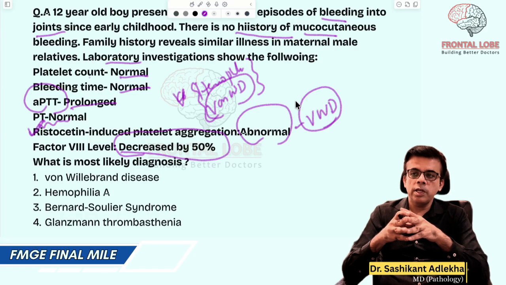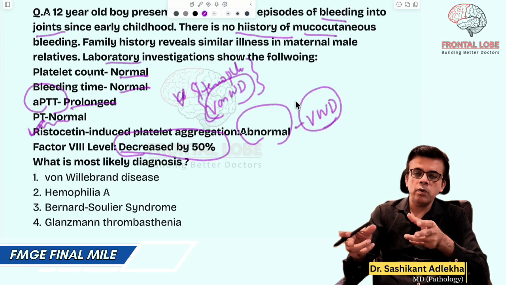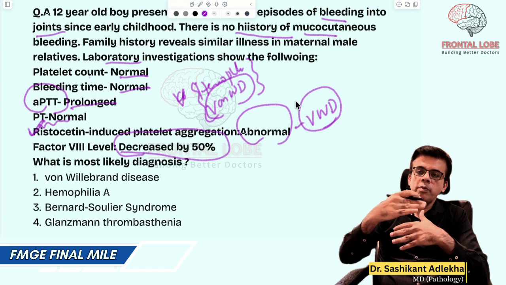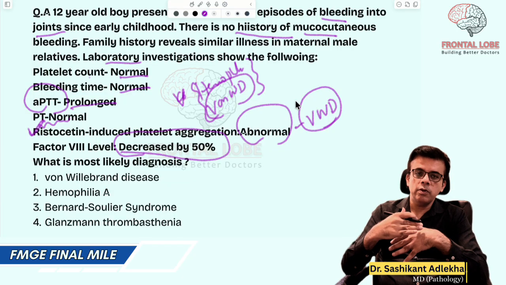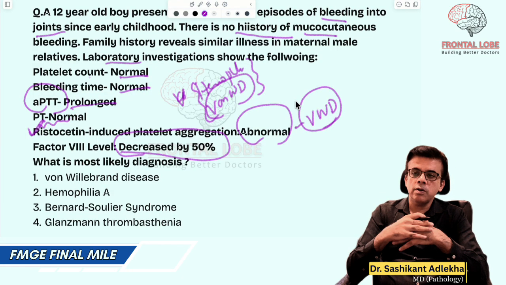What is von Willebrand factor? Its primary role is to form a bridge between the platelet and the subendothelial collagen. If von Willebrand factor is not there, ristocetin will not have its action. In spite of adding ristocetin, there will be no effect on the aggregation. So the studies will be a failure.